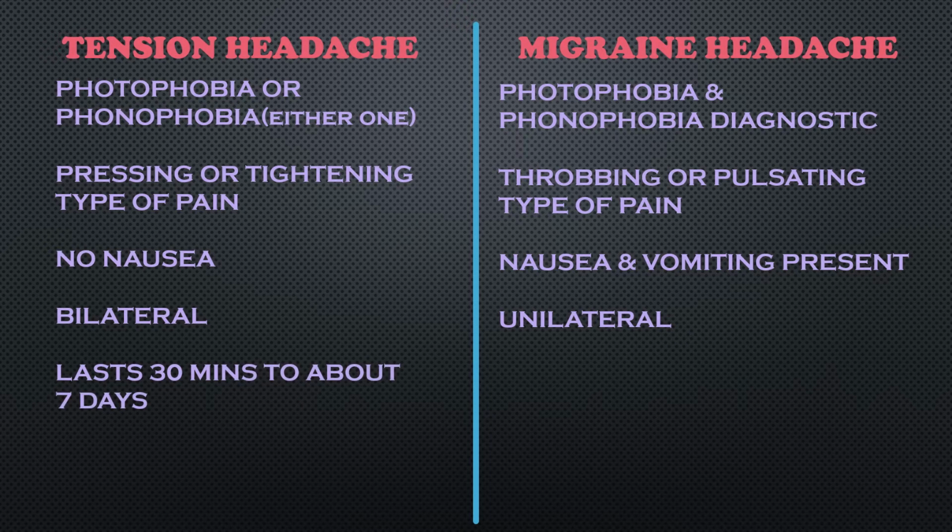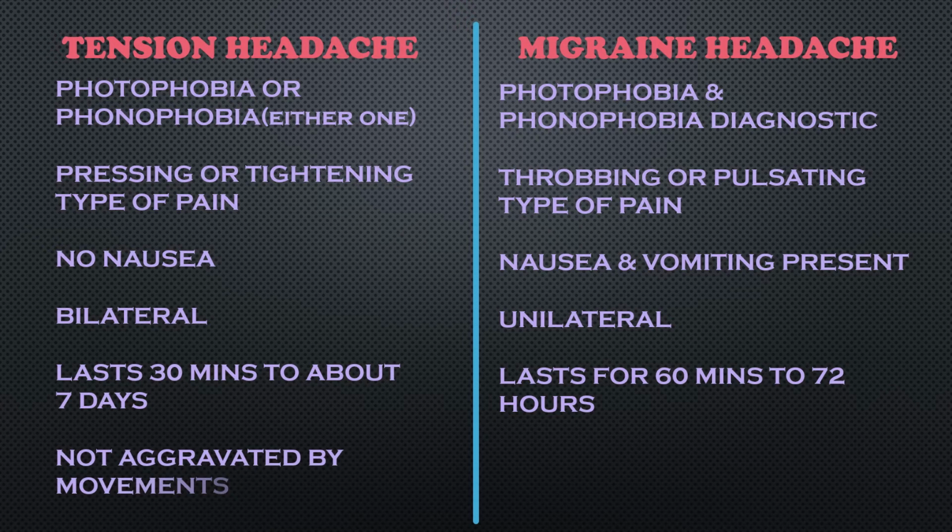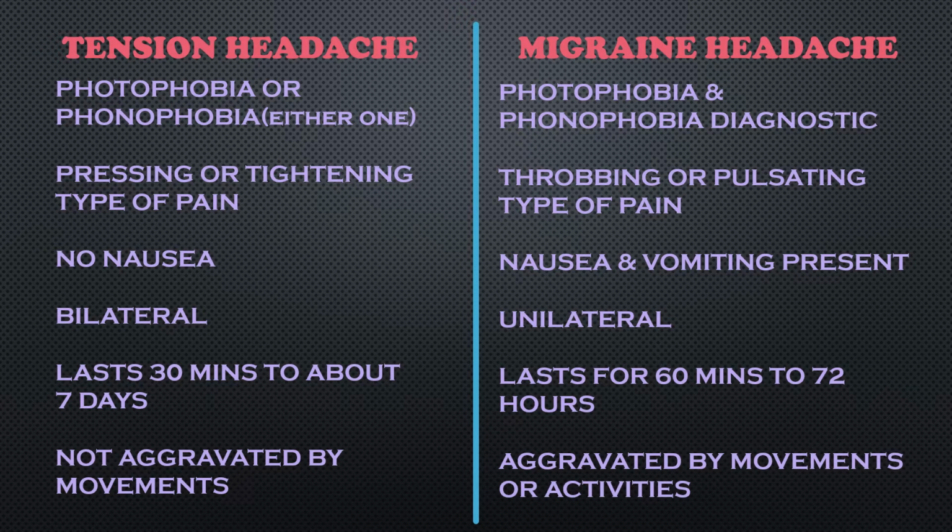The pain in tension headache lasts from 30 minutes to even 7 days, and the pain in migraine headache lasts from 60 minutes to 72 hours. Tension headache is not aggravated by movements, whereas in migraine headaches, the person prefers to lie calm and still, which ameliorates the pain.